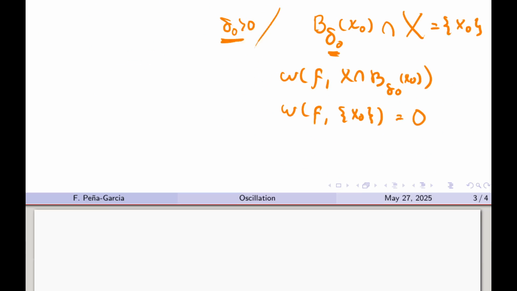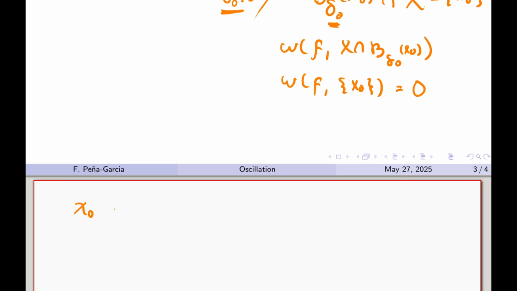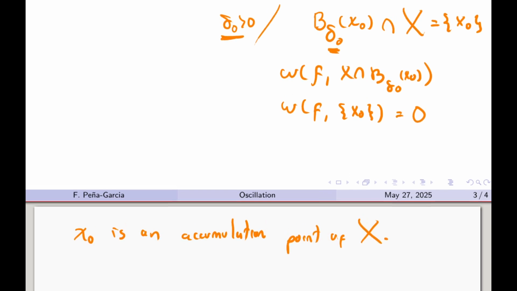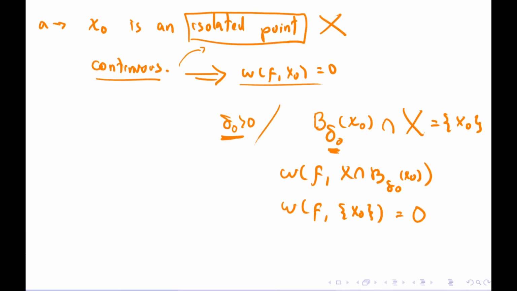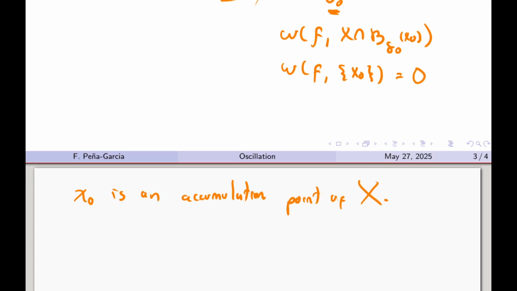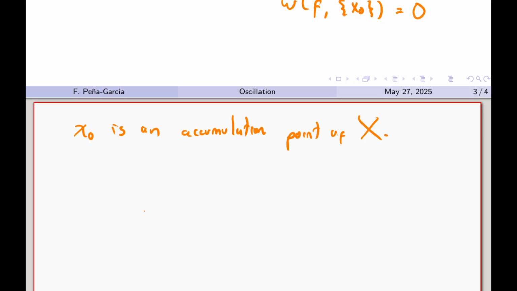So then we have another case, which is less trivial, in which x naught is an accumulation point. In accumulation points, the function may or may not be continuous. So now let's suppose that f is continuous in x naught.